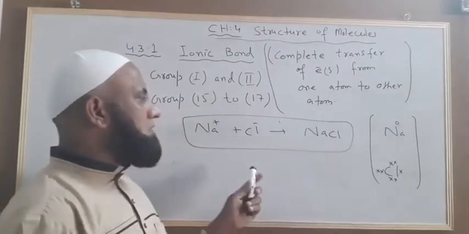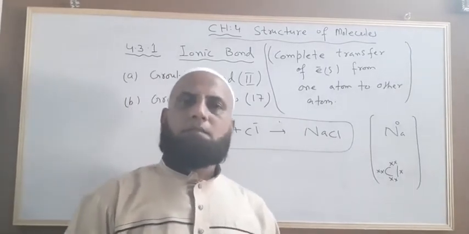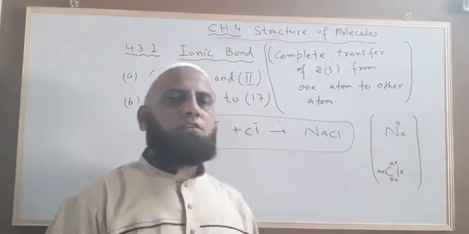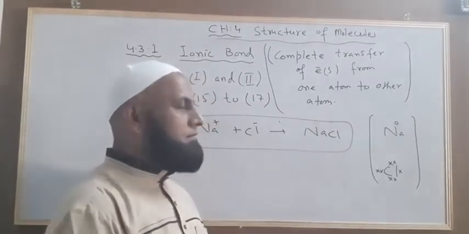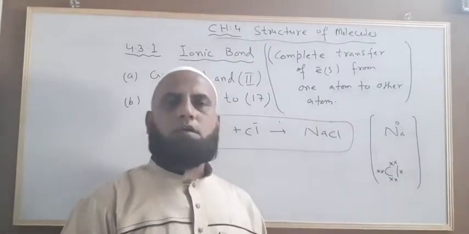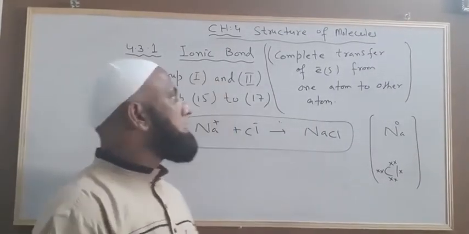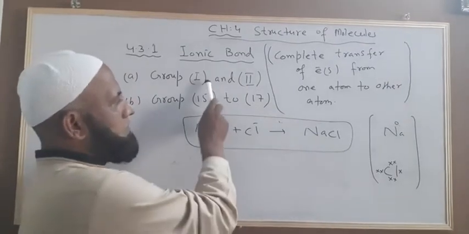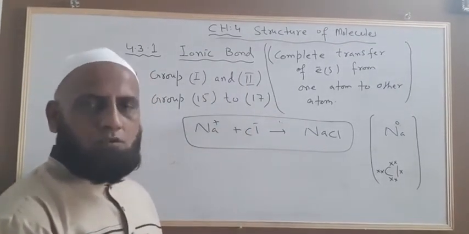Now the formation of sodium chloride is a simple example of the formation of ionic bond, the compound in which ionic bond is present. Group 1 and 2 elements mostly form ionic bonds because they have 1 and 2 electrons respectively.